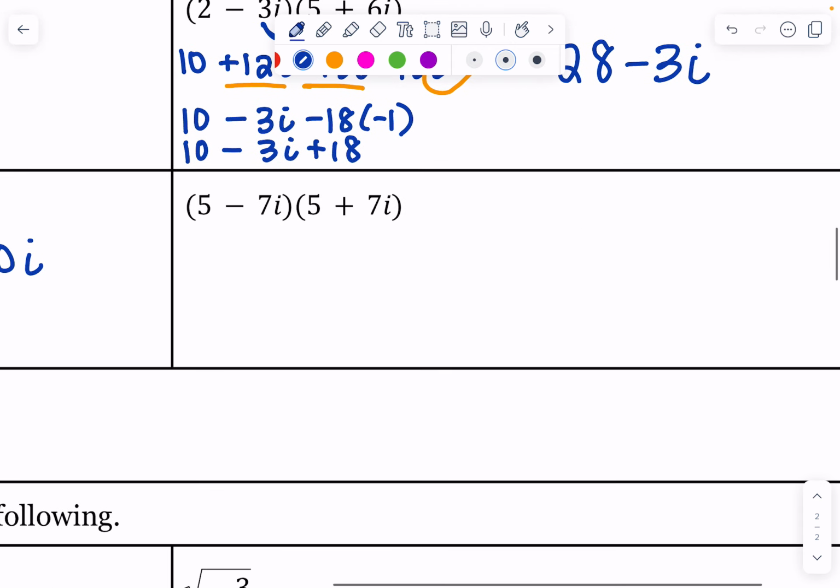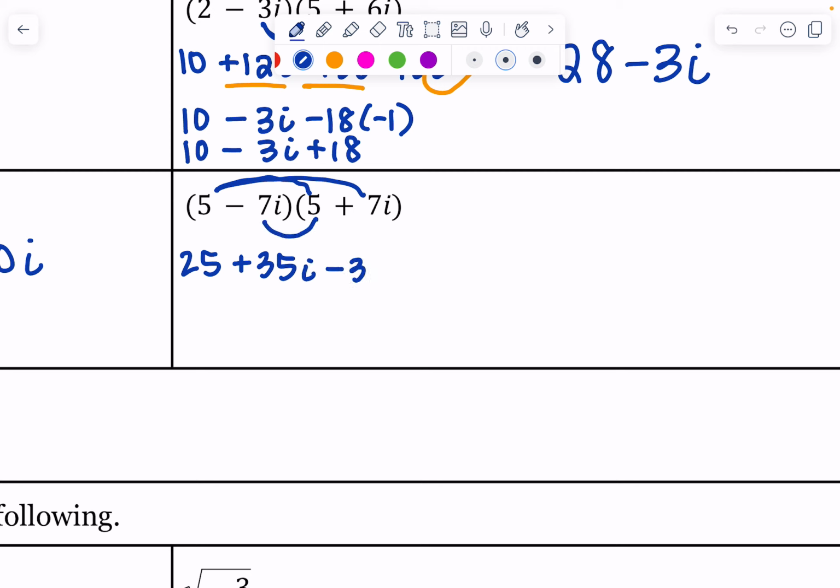All right, last one. In this section, we're going to do 5 times 5 is 25. 5 times 7i is plus 35i. Negative 7i times 5 would be minus 35i. And negative 7i times positive 7i would be negative 49i squared.